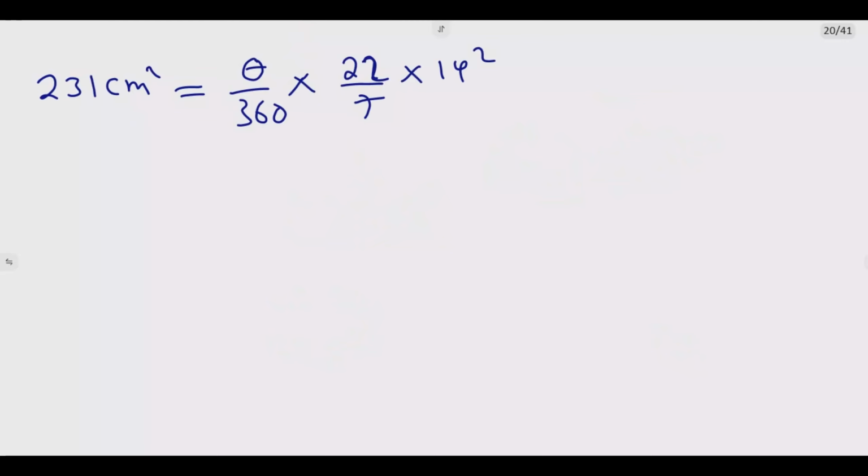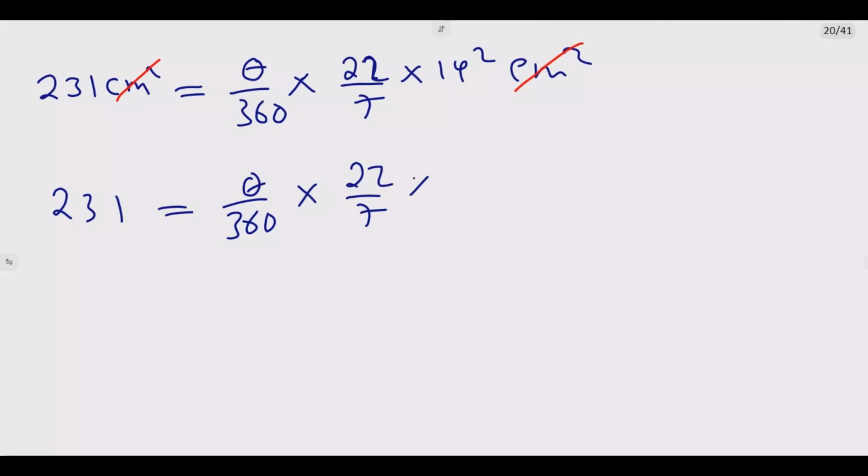So here it is just a matter of playing with numbers because you don't have a calculator. So we have 231. Remember, these are centimeter square, so I will not be rewriting them, they'll cancel each other so that I don't waste time. 231 is equal to theta over 360 times 22 over 7 times 14 times 14. Then at this point, 7 into 14 is a 2.